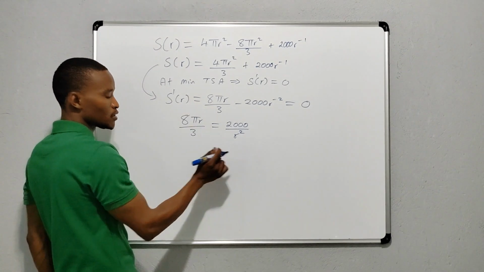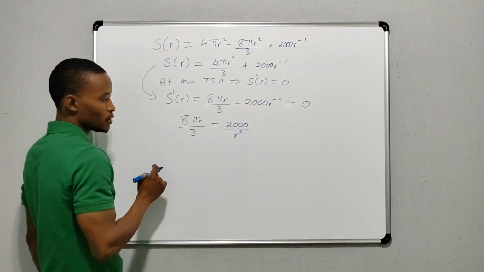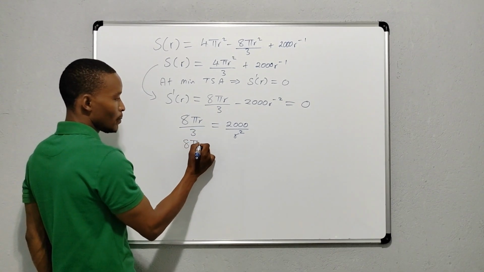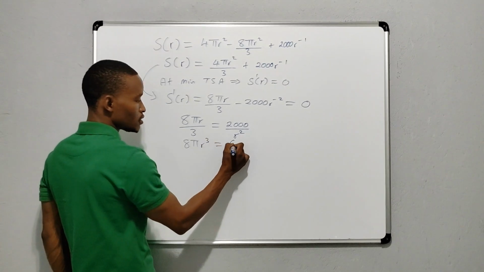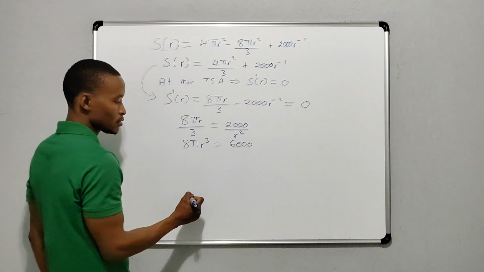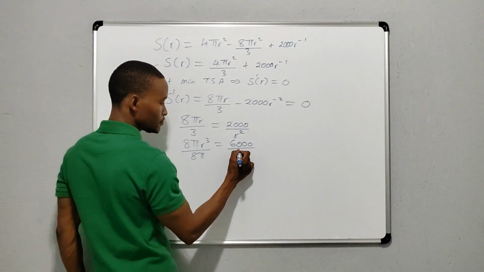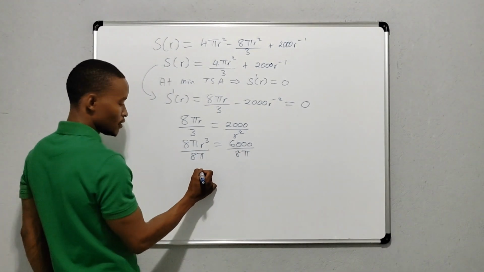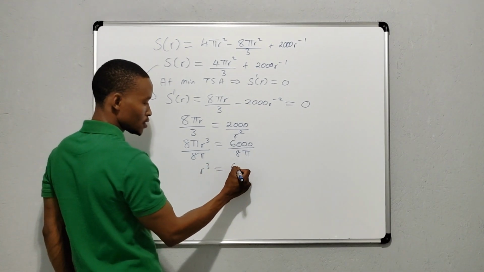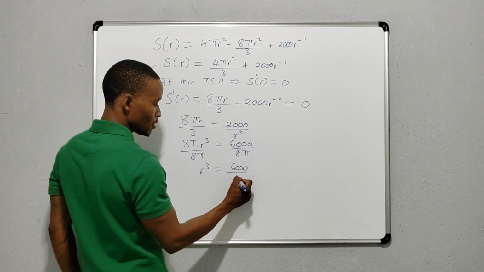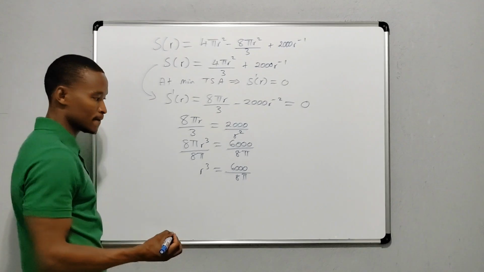Cross multiply to get what? 8 pi r cubed is equal to 6000. Division both sides by 8 pi. r cubed is equal to 6000 over 8 pi.